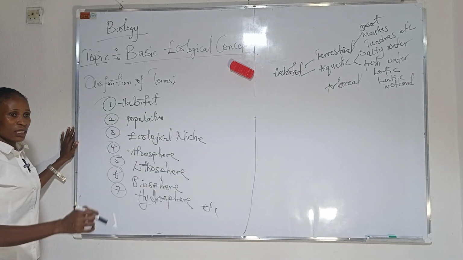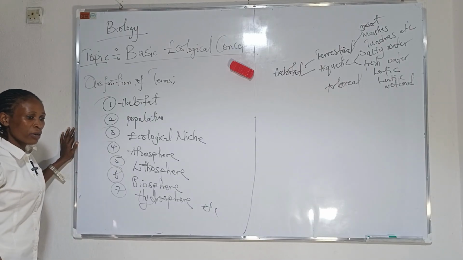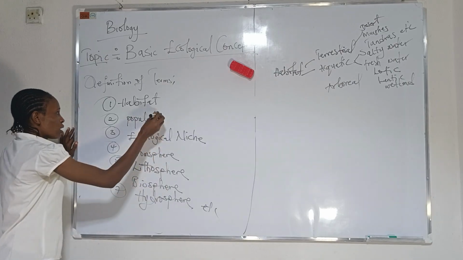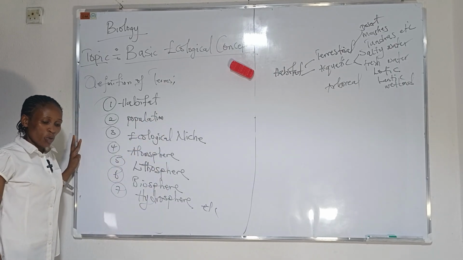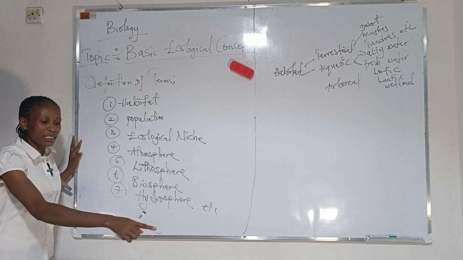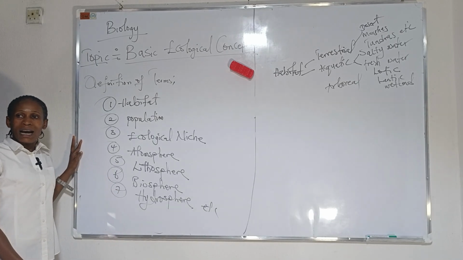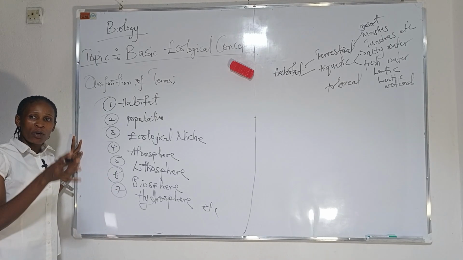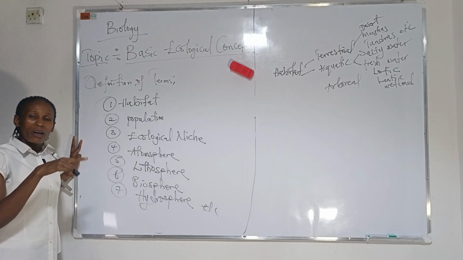Population. Just as we normally do our counting in real life, we can take it to this word, population. What does it mean? The total number of organisms in a particular environment at a specific period of time.